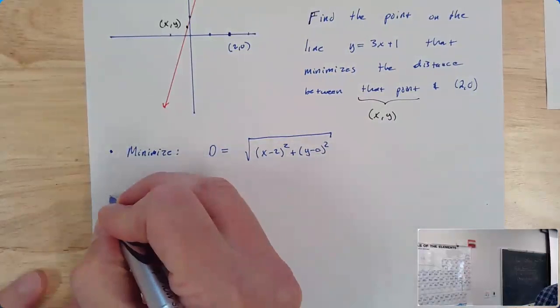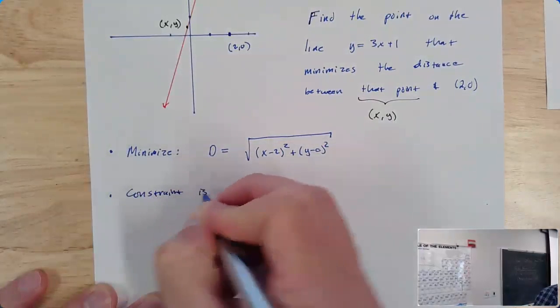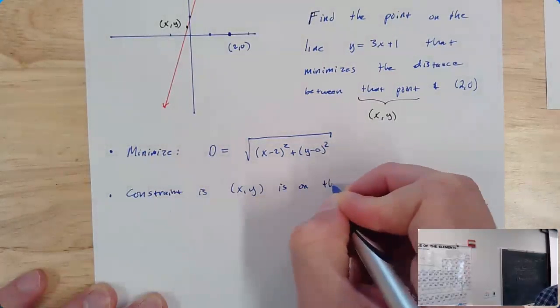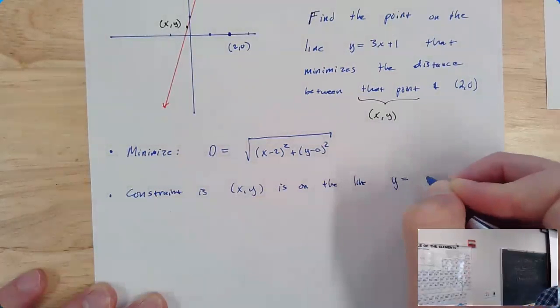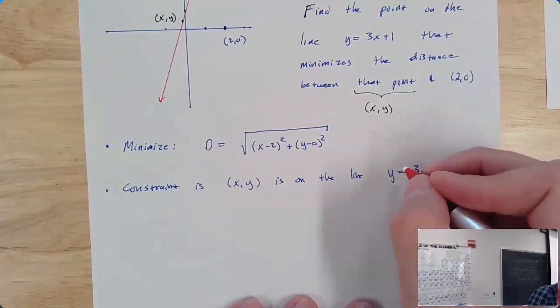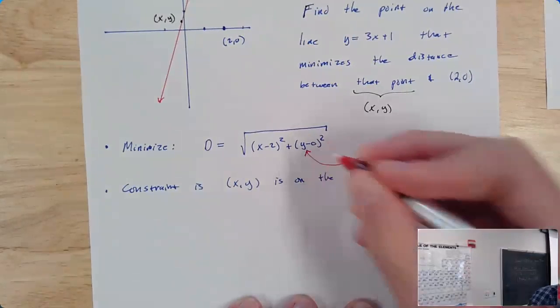So our constraint is that the point (x, y) is on the line y equal to 3x plus 1, which means we can substitute in y equal to 3x plus 1 for y.